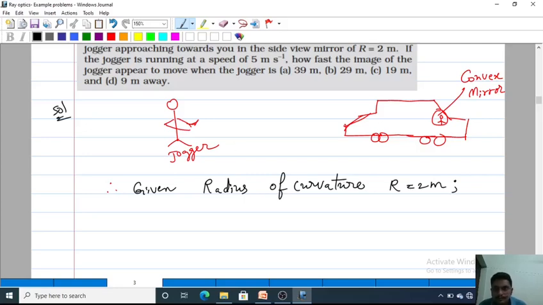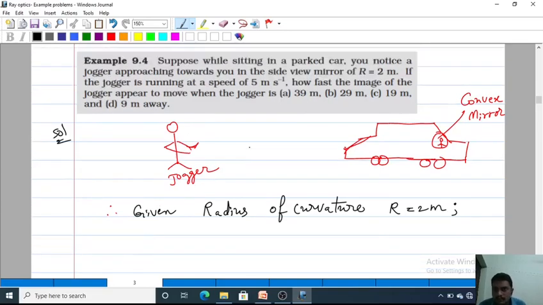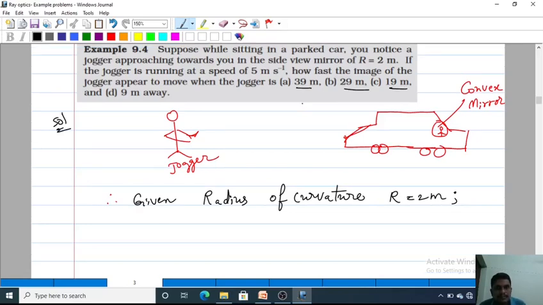If the jogger is running at a given speed, how fast does the image of the jogger appear to move when the jogger is at 39 meters, 29 meters and 19 meters? Since it is a mirror, we use the mirror formula.